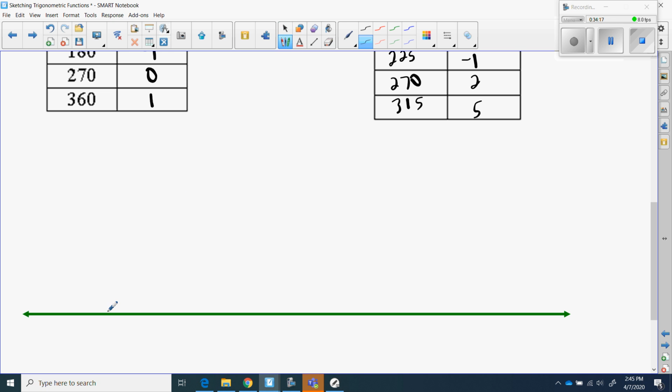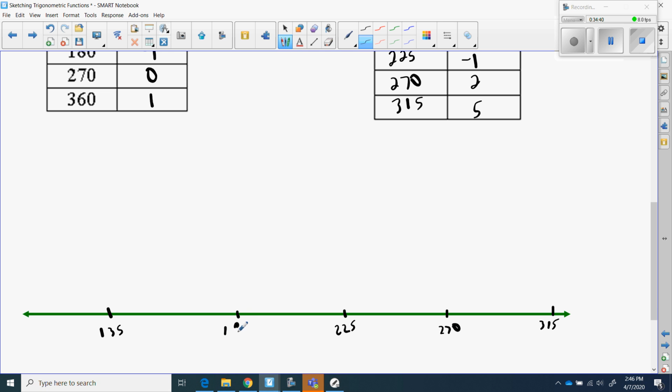So let's say I start here, end here, cut it in half, that in half, cut that in half. So there's your start, 135. 315 was the end. And then 270 was here. 225 was here.